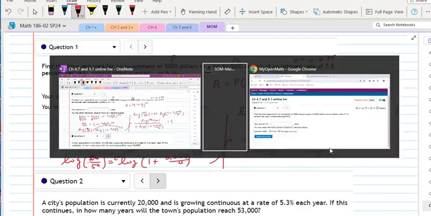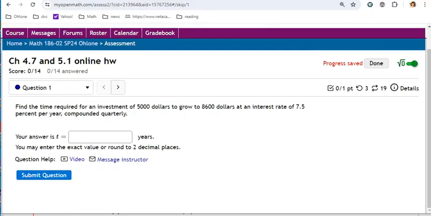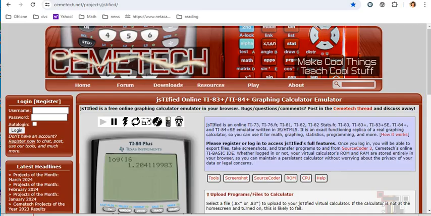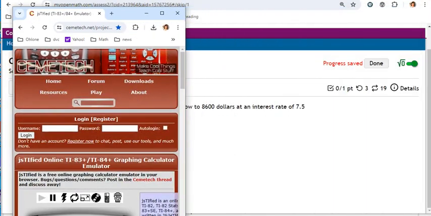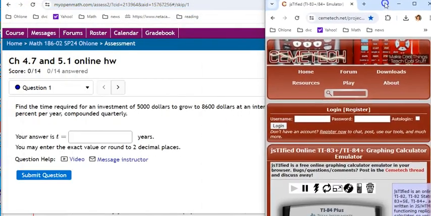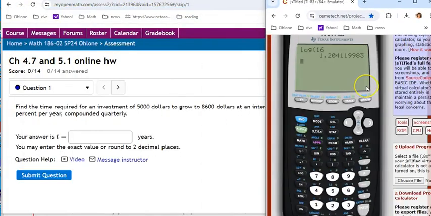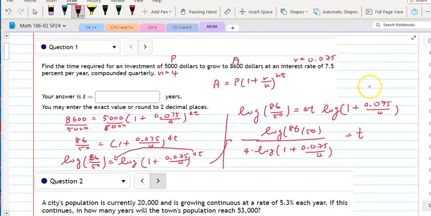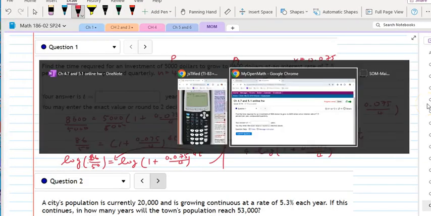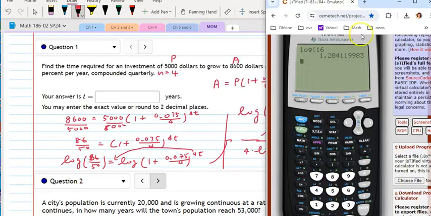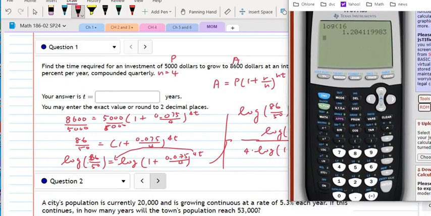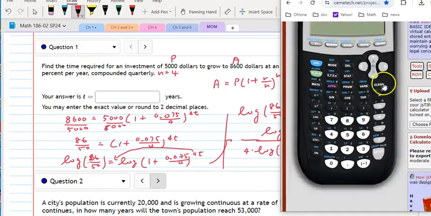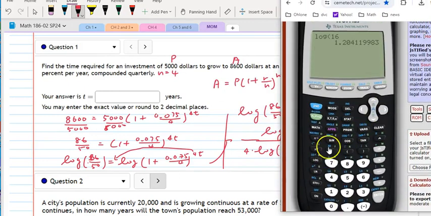Okay, so put it in the calculator. You can look at what I need to enter.